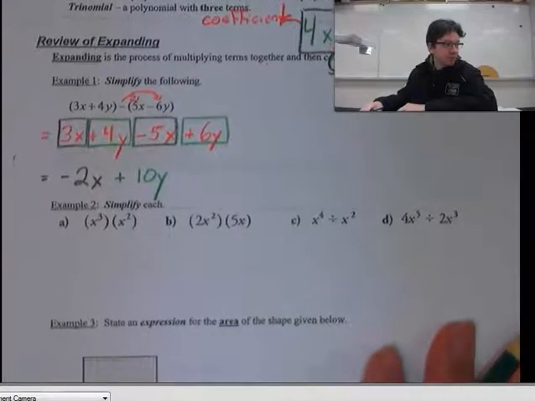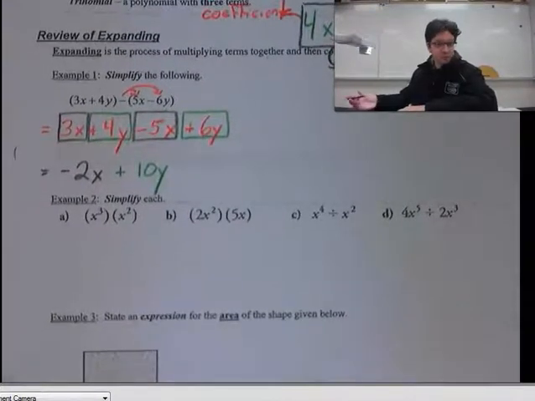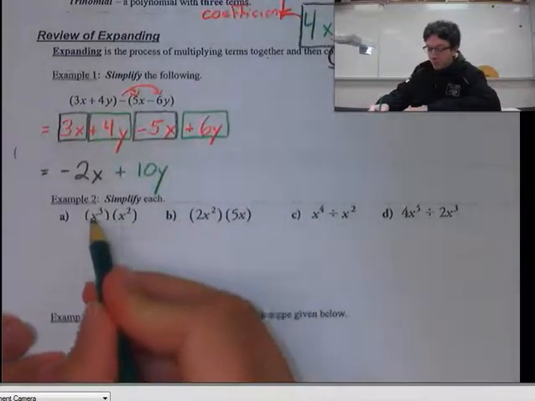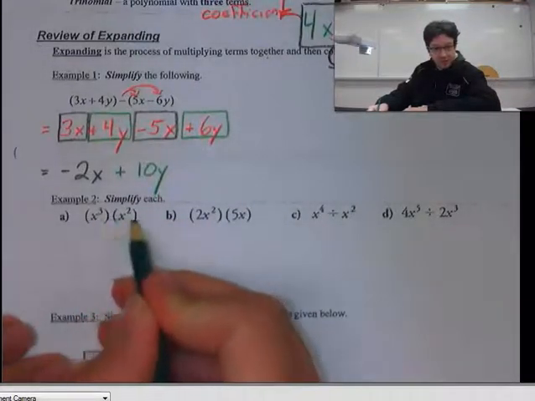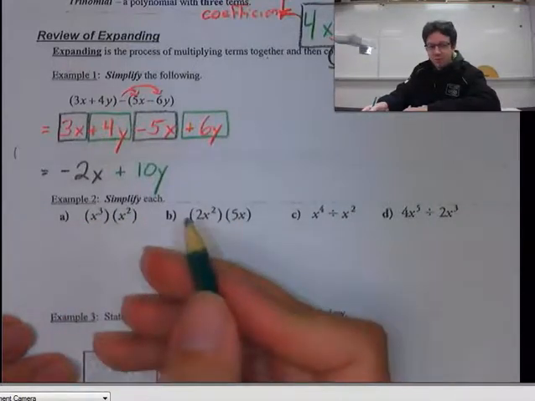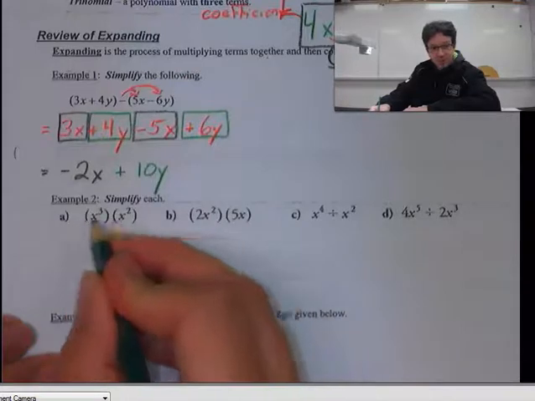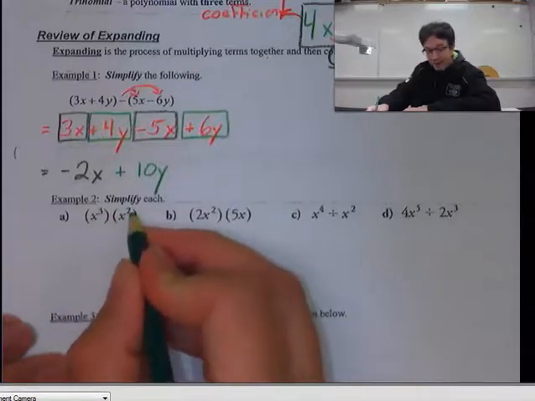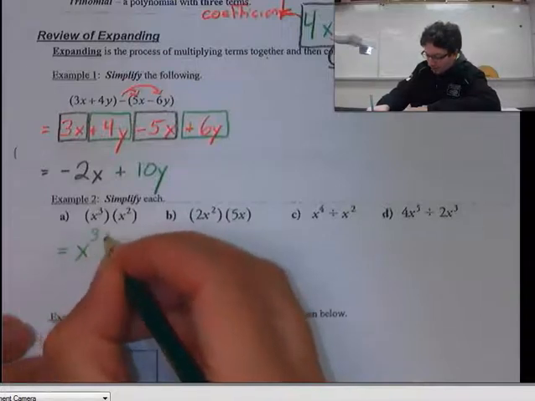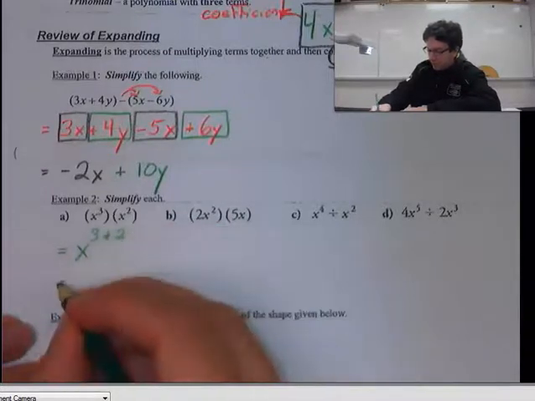So next we're going to review the exponent rules. So first rule: when you're multiplying variables with the same base, you add the exponents. So this is going to be x to the 3 plus 2, which is x to the 5.